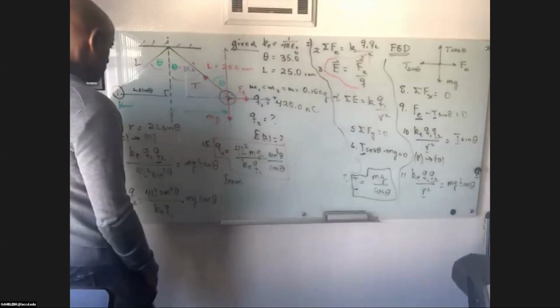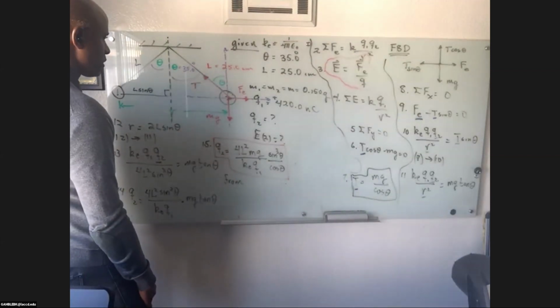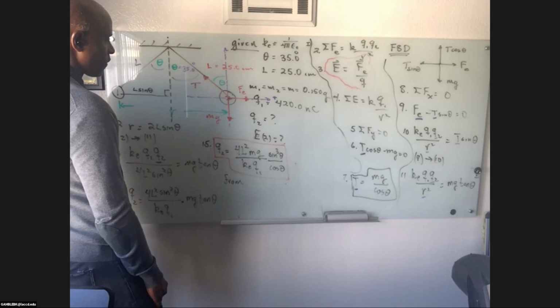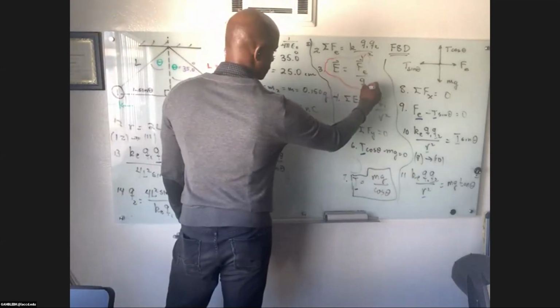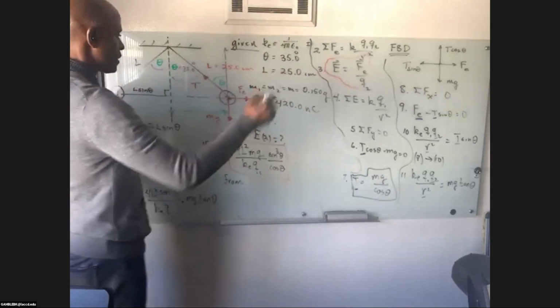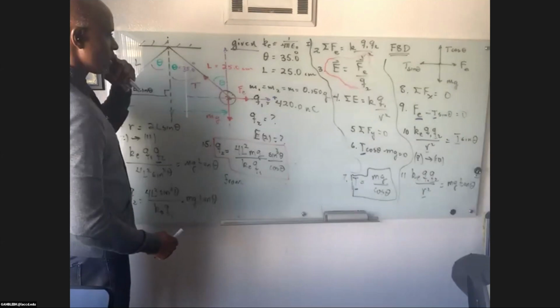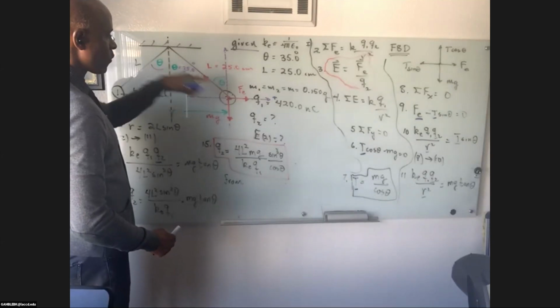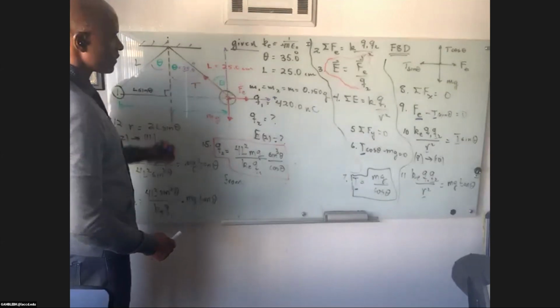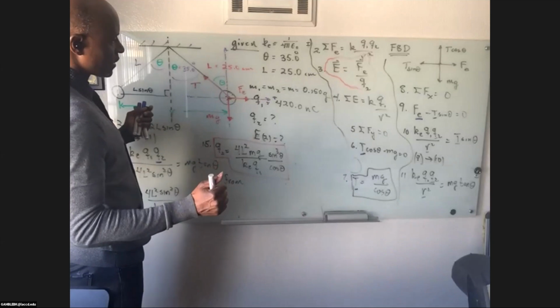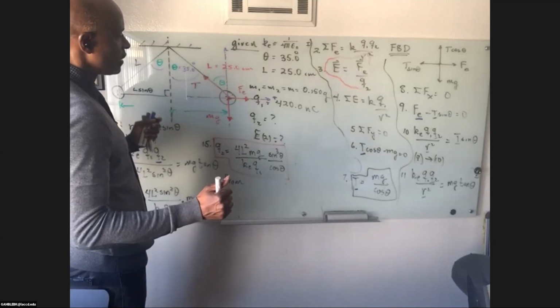Is it Q2 or Q? Oh, maybe we did, because actually we did have to solve it, right? Because this is actually Q2, right? The electric field at that point is the force on that charge divided by the value of that charge. So my bad. We actually did have to figure out Q2 in order to go back and get FE.